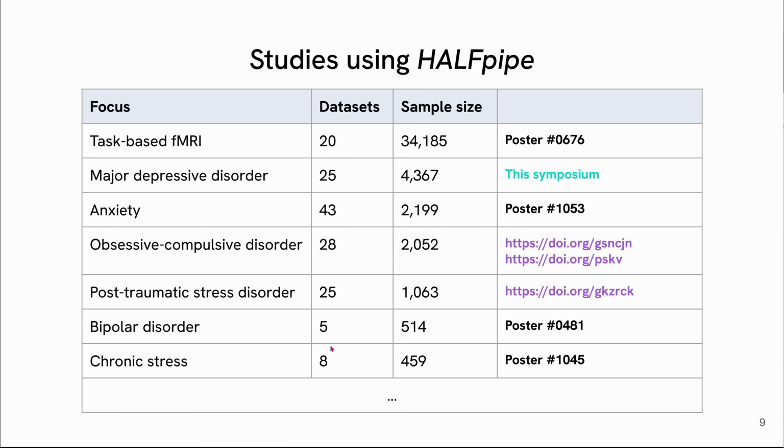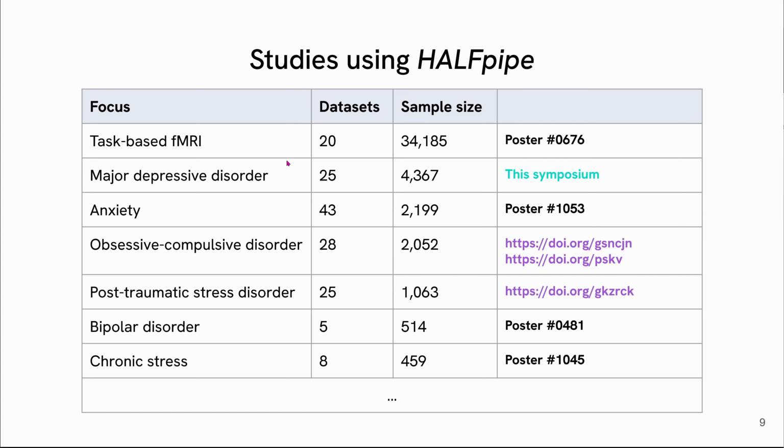Besides the code, HALFpipe has also been used in a number of really interesting studies. The one that I'm running is a genome-wide association study on task-based fMRI in healthy participants. So we're looking at common genetic variants and their influence on brain activation in emotional faces, working memory, and reward processing tasks.